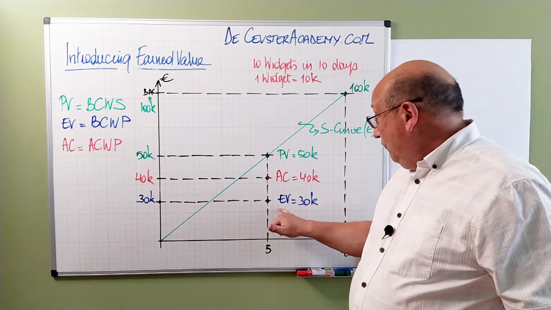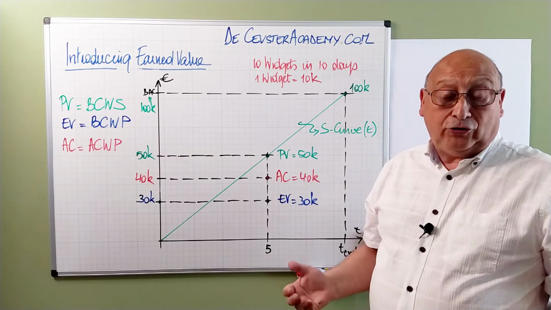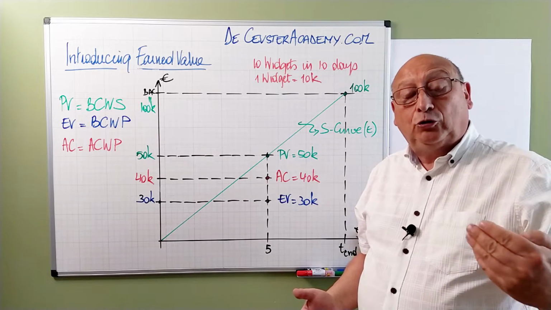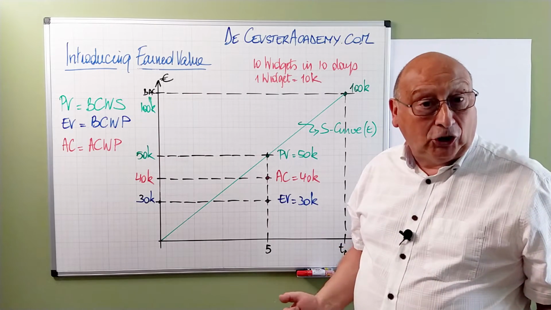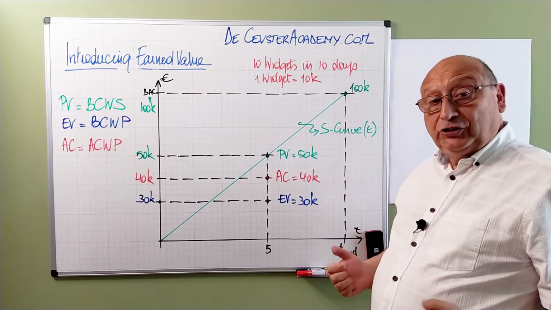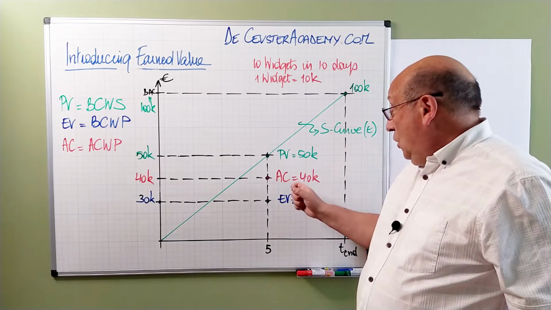And we see the earned value is less than what we expected. Of course, we planned to make 5 widgets, we only made 3. This means that we're behind schedule. That's already a first piece of information that we can get from this graph.